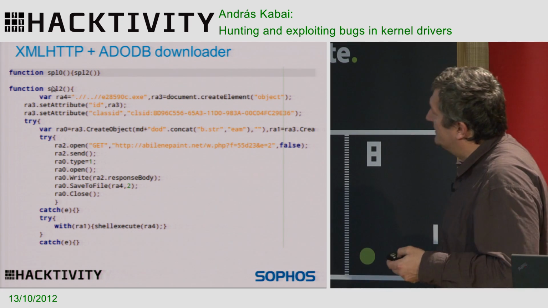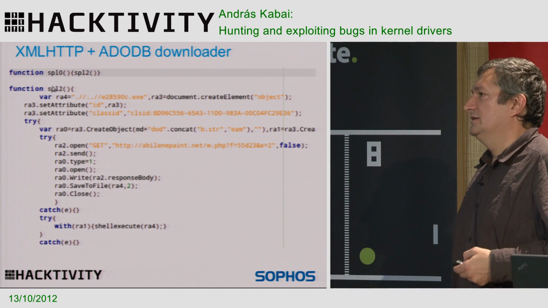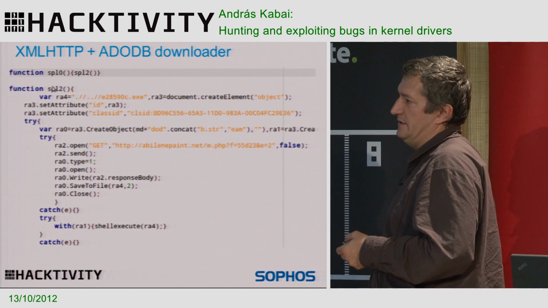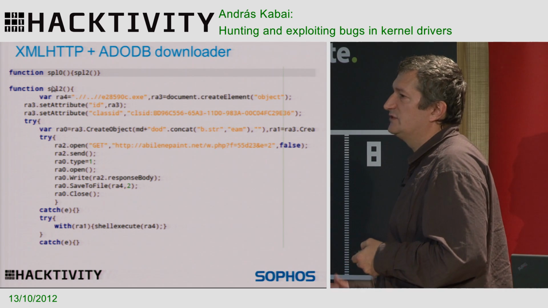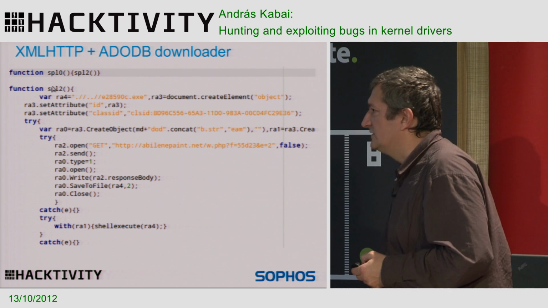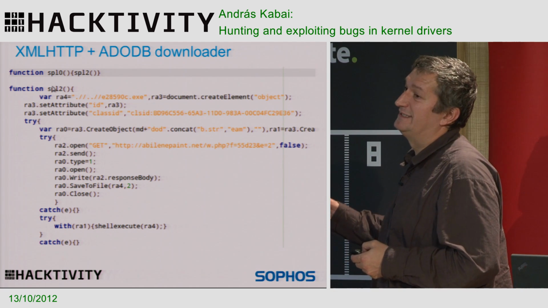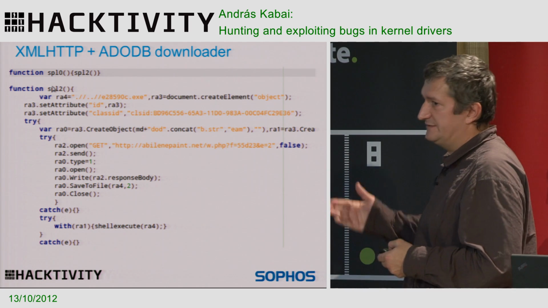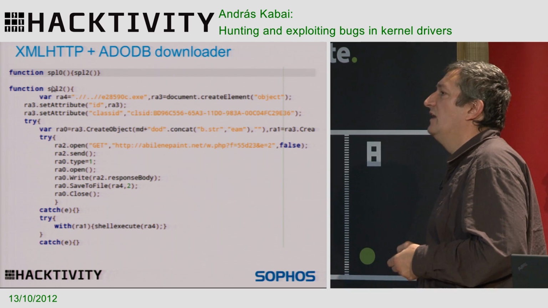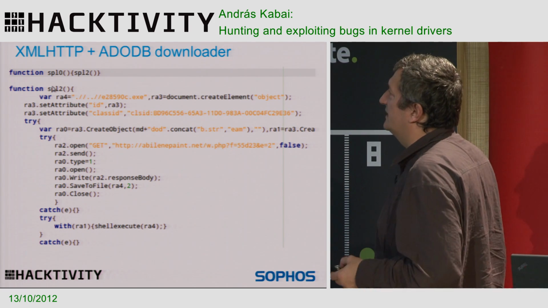This code, the second exploit function, is a generally used downloader code. It was used in several VB script downloaders using the XMLHTTP object to download content to the host computer, and the ADODB stream to save it to a local file, and after that it executes it.